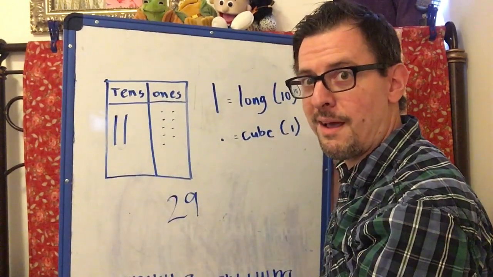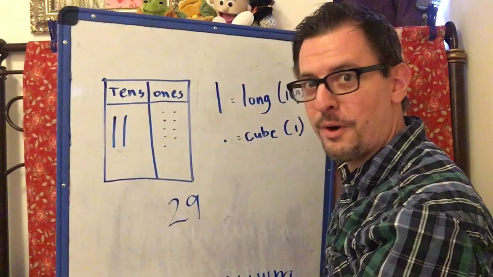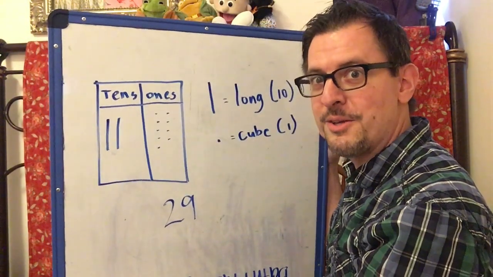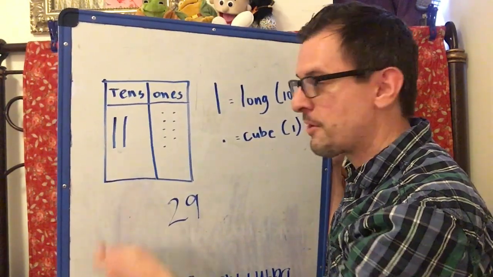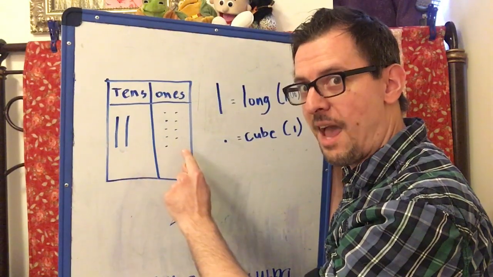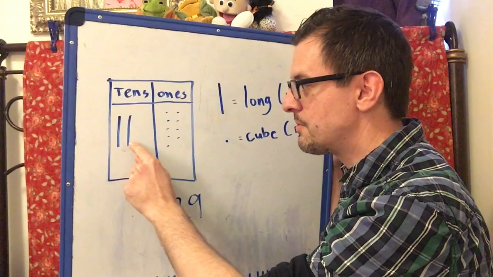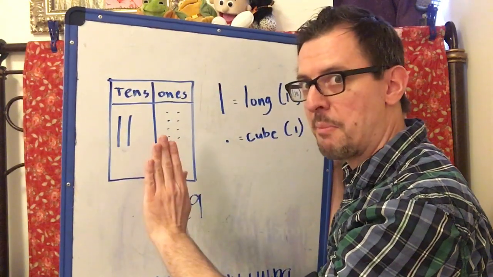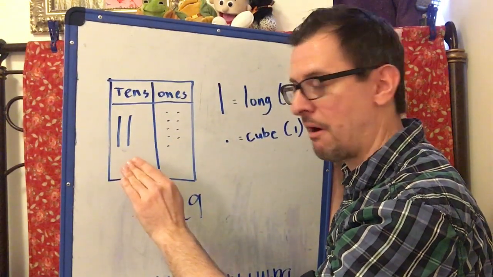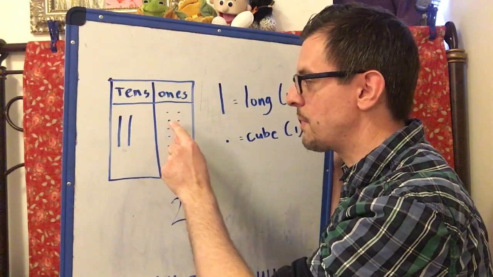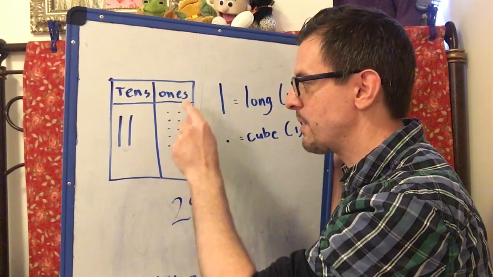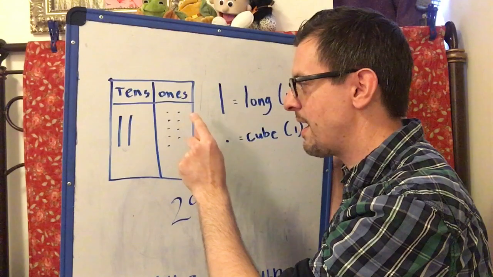So stay with me now. To prove that their work is correct, they're going to count the tens and count the ones, just like this. 10, 20, stop going by tens, got 20 so far. 21, 22, 23, 24, 25, 26, 27, 28, 29.